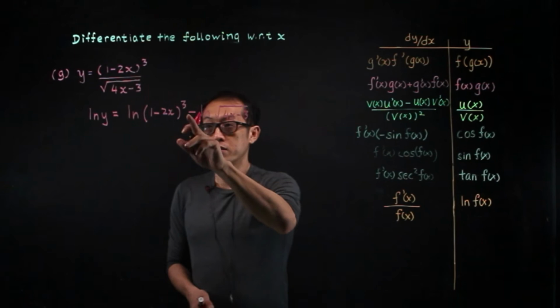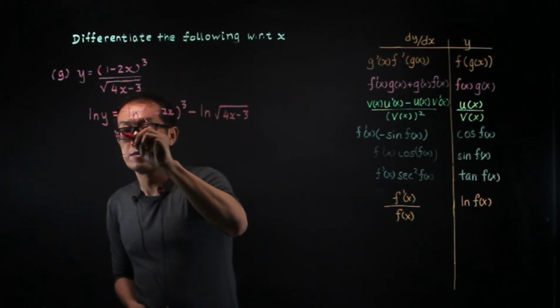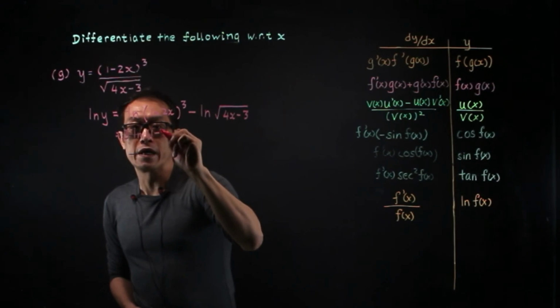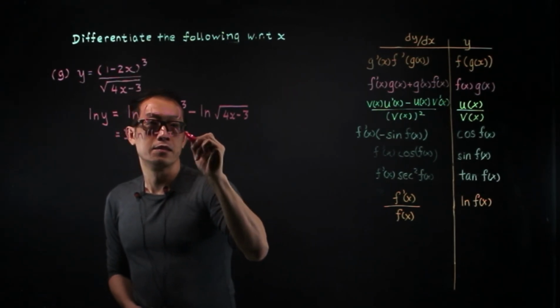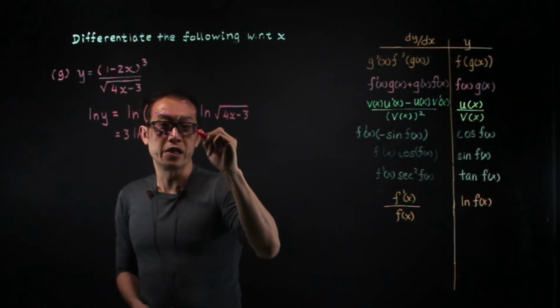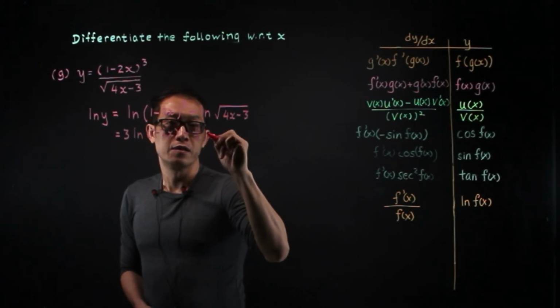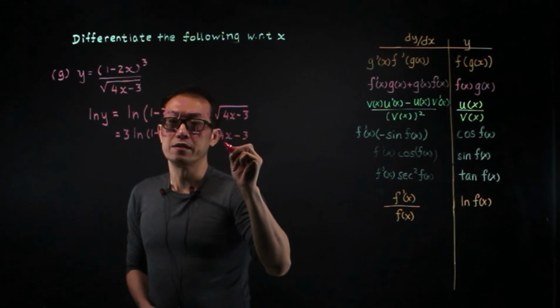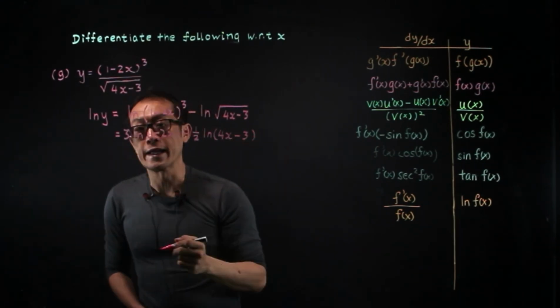Now this 3 I can bring down, so I get 3 ln(1 minus 2x) minus, the half I can bring down, half ln(4x minus 3). Close bracket.